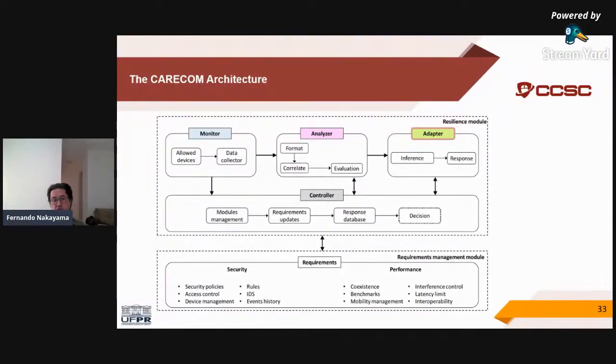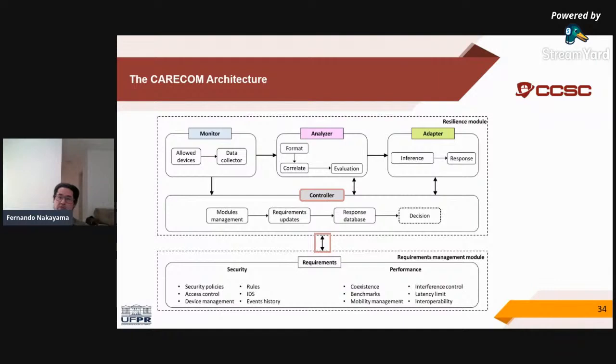It also consults the evaluation from the analyzer component, the previous responses, and the available resources in order to provide an updated response. The controller component coordinates the previous components and manages the communication between the modules.